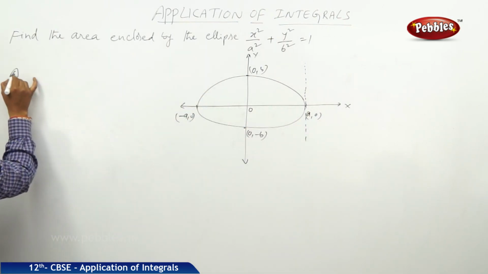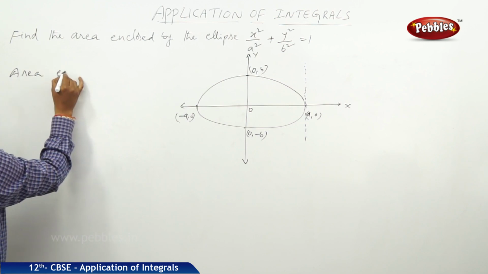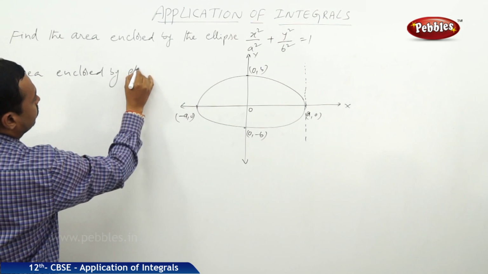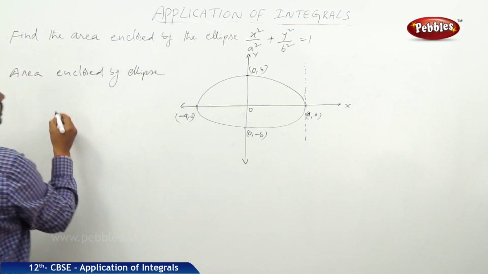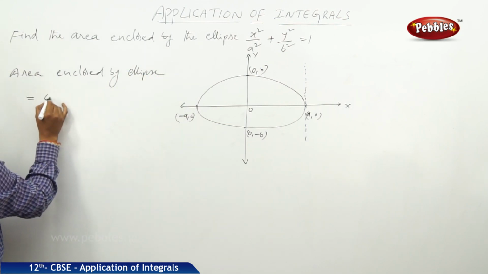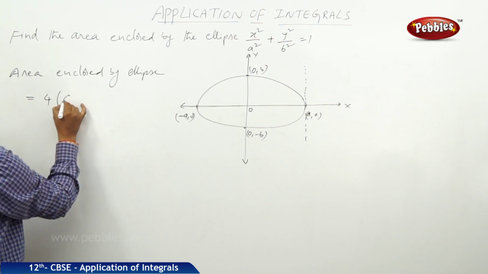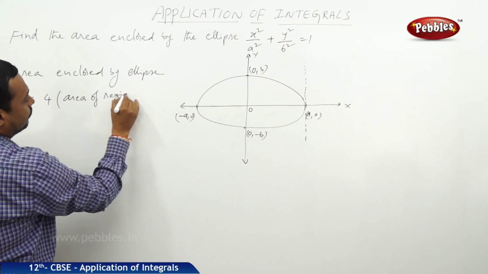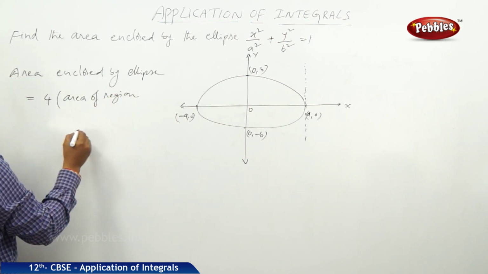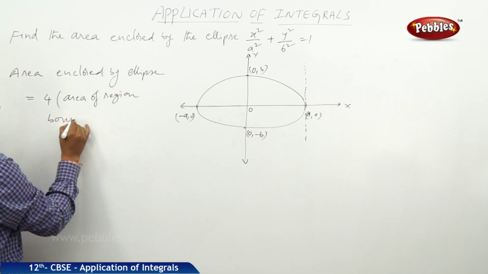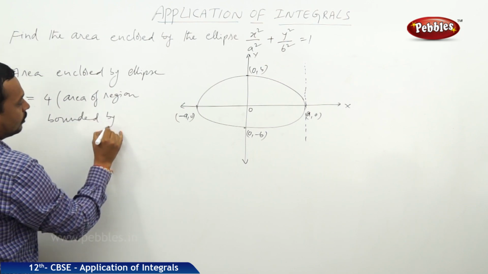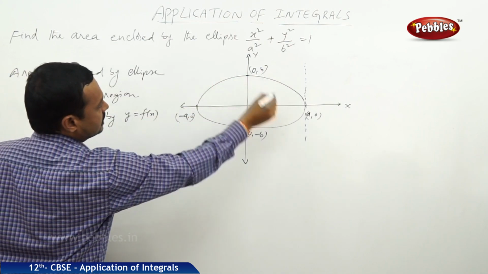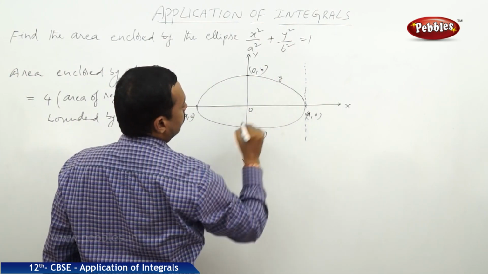Now the area enclosed by ellipse is equal to 4 times the area of the region bounded by y is equal to f of x.